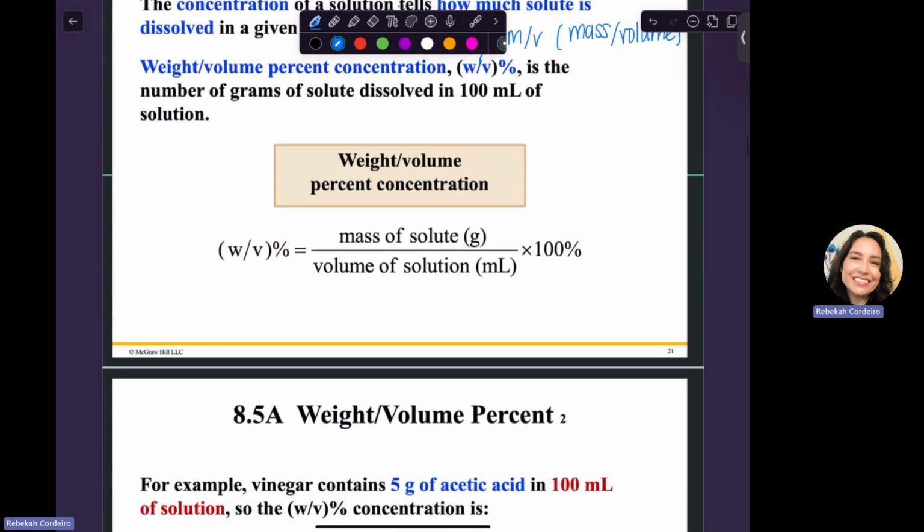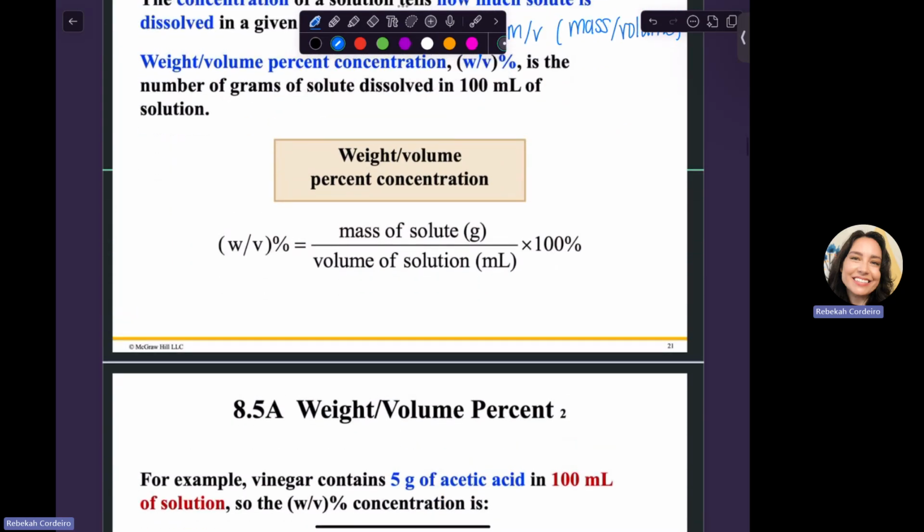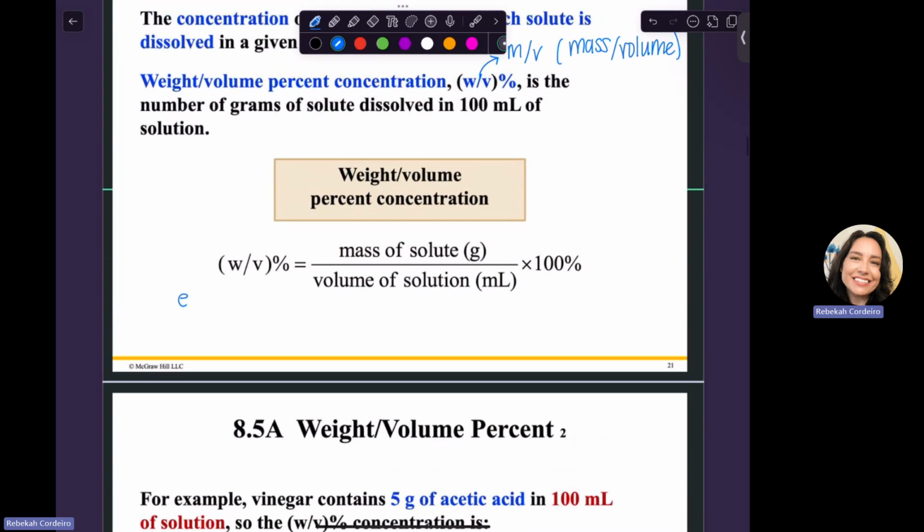For example, if I told you 8.0% was your percent, then you could change this and say 8.0 grams of whatever my solute is equal to 100 milliliters of the whole solution.